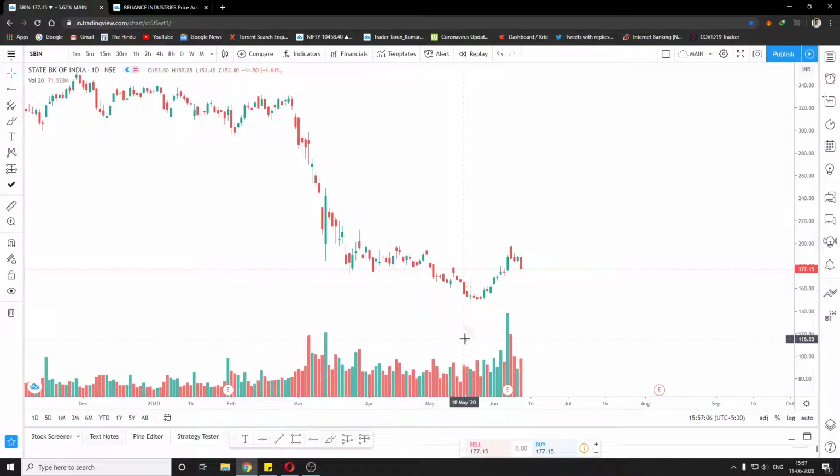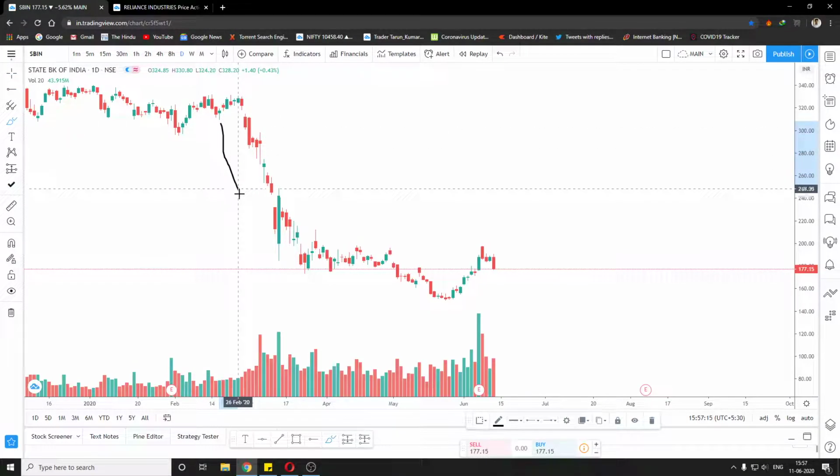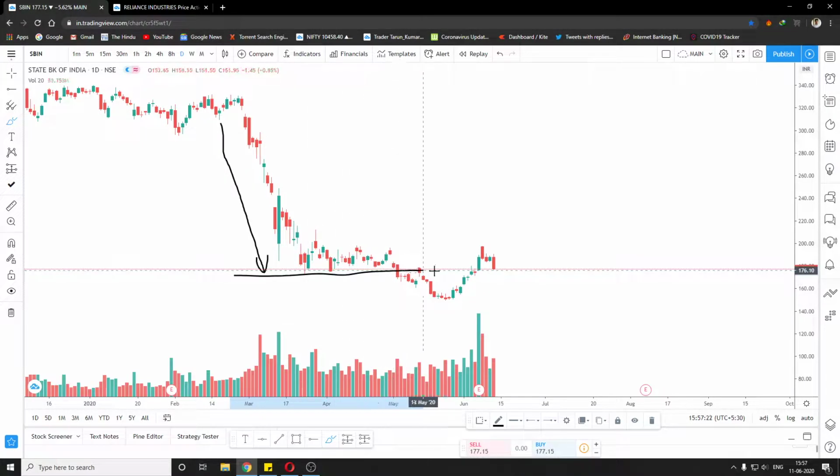Now it is difficult to identify much trend in the State Bank as the volume is similar. But if we see that the market was coming down, and at this point we had our first area where the market was taking support, and then we had an upper area where the market was facing resistance.